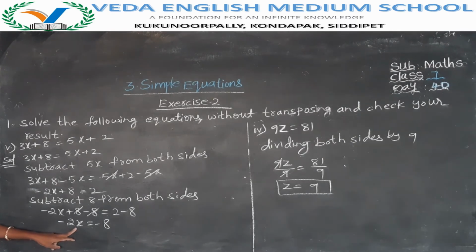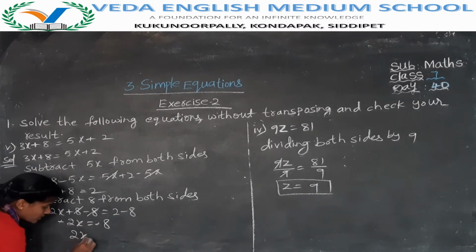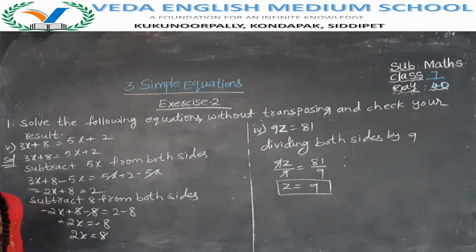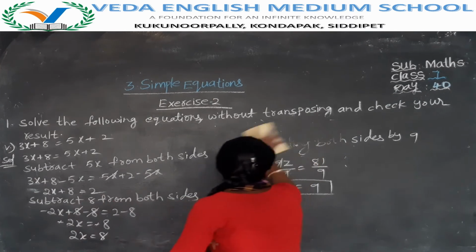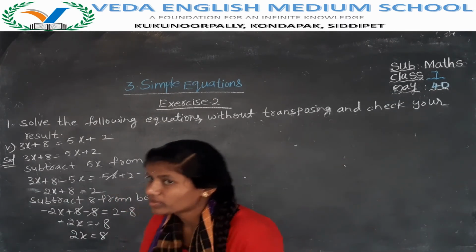What we need here? Here we need only x. So divide both sides by 2. Dividing both sides by 2. Now here we have a minus symbol, here we have a minus symbol, we can cancel. Minus minus will get cancelled. Now it becomes only 2x is equal to 8. Here we need only x. So what we have to do?